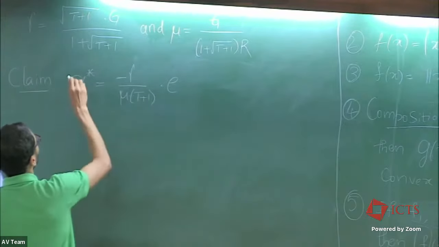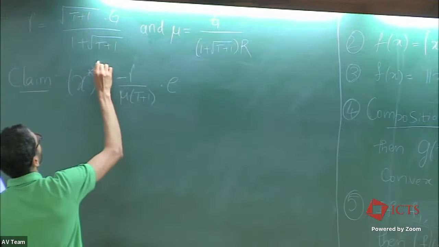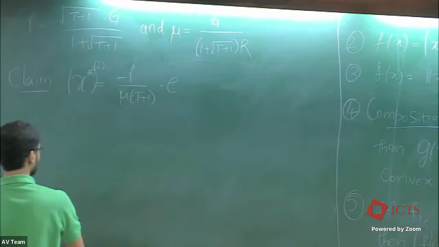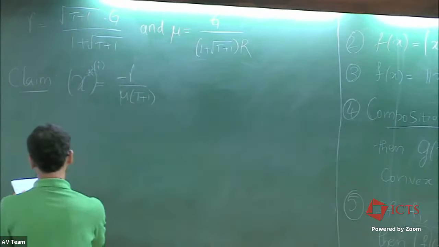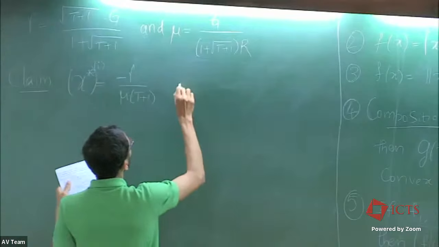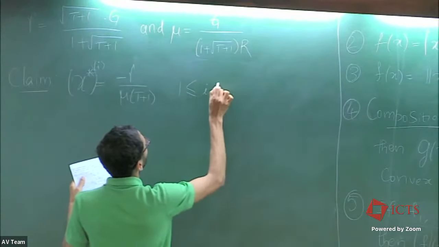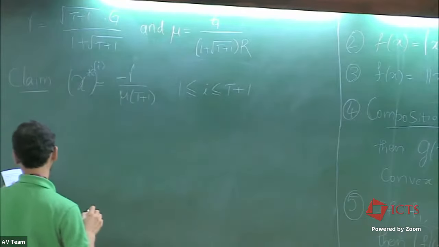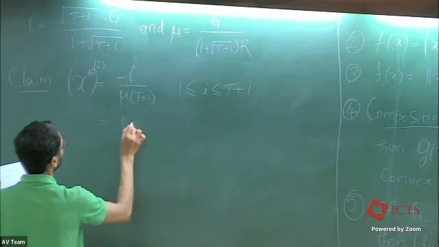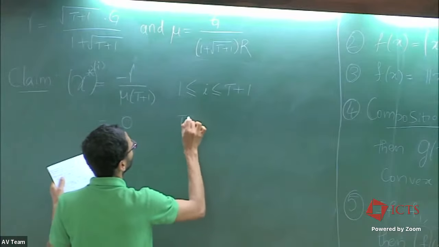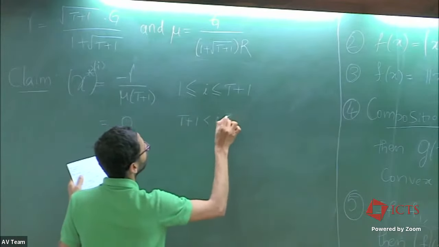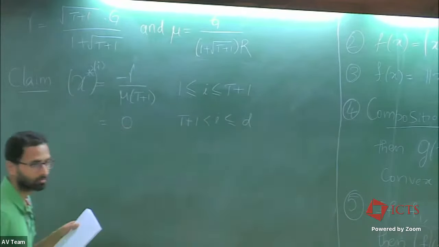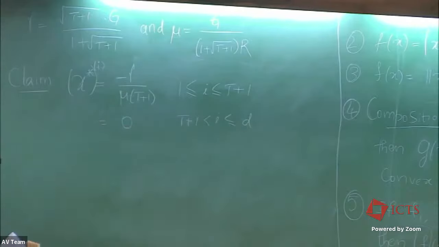If you look at the ith coordinate of x star, the claim is that this is the optimum of this function.